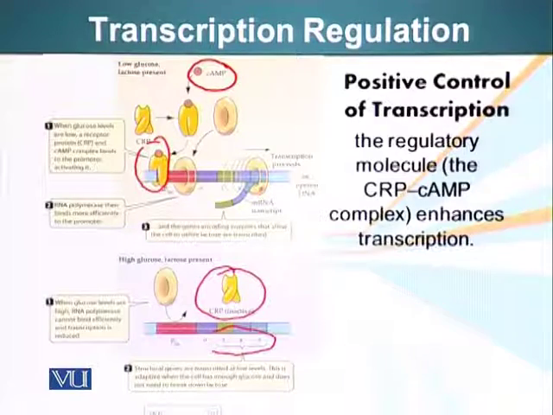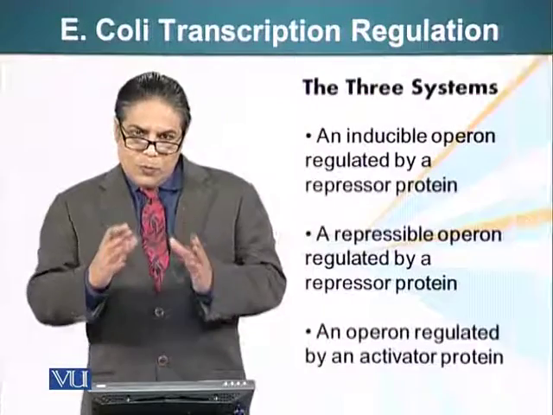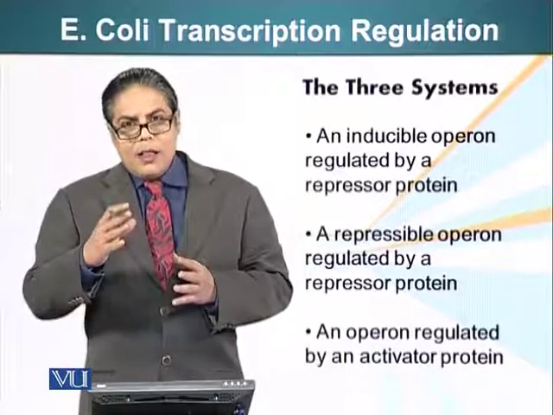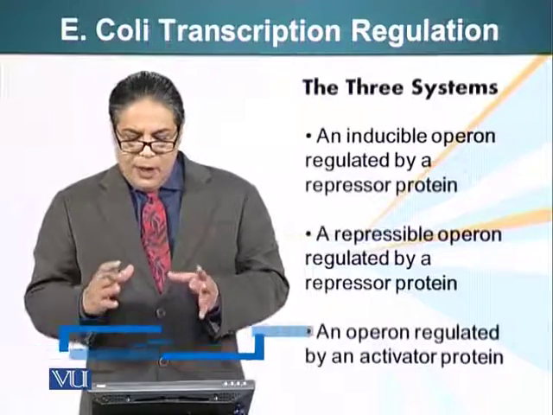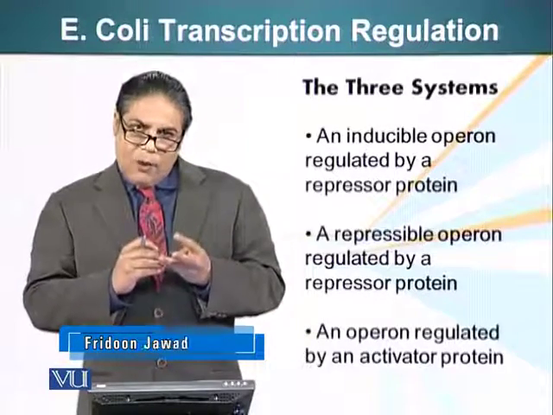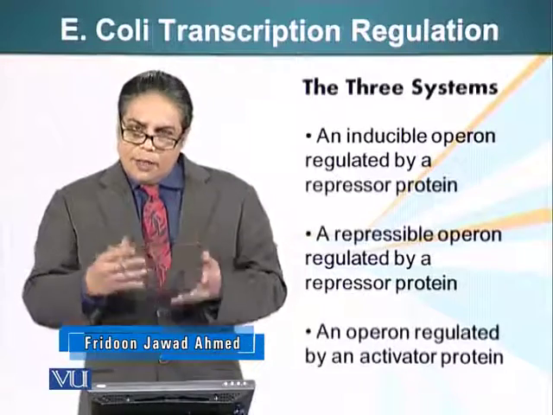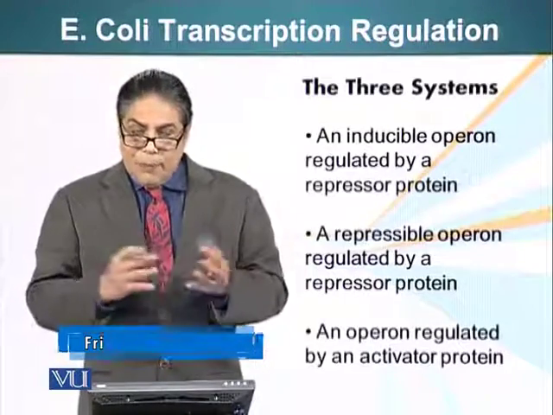So we have looked at 3 examples, 2 negative control examples and 1 positive control example. The 2 negative control examples were number 1, the lac operon with the inducer in it, the inducible system. The other was the repressible system, the trp operon.